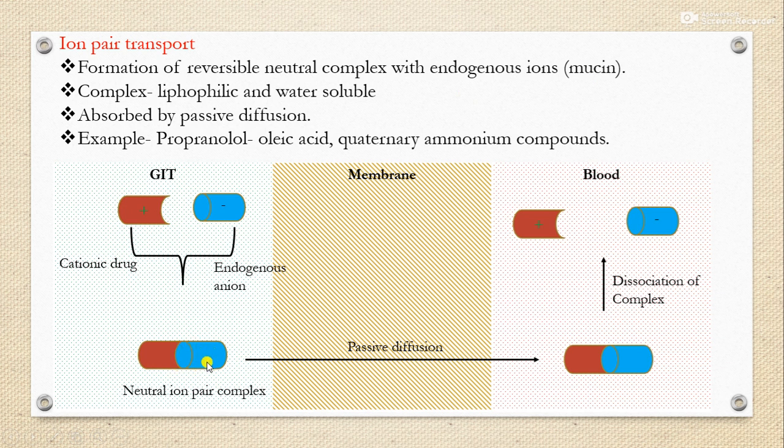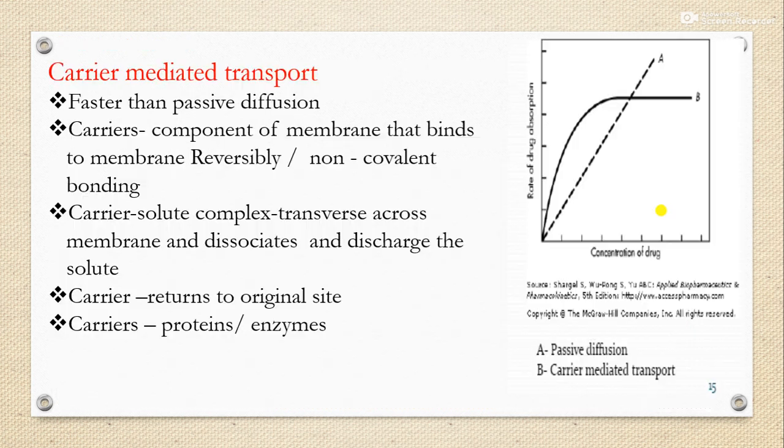This neutral ion pair then crosses the membrane via passive diffusion, and once it reaches the blood, it dissociates into the cationic drug and endogenous anion. So this is how ion pair transport takes place.